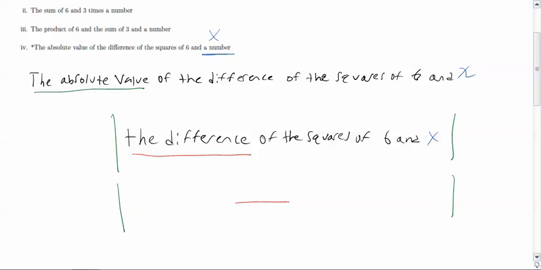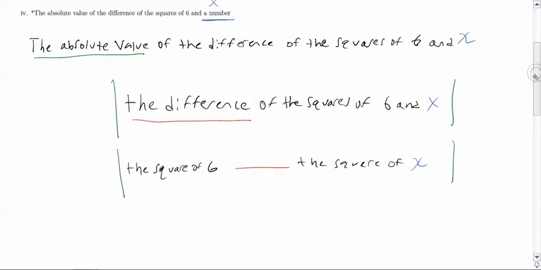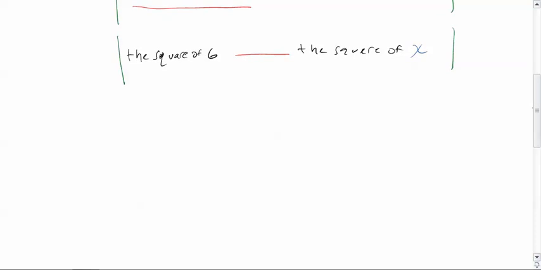So that means we've got the square of 6, and from it we're going to subtract the square of x. And now we're almost done. Pause the video now and try to finish the problem, and then watch the rest of the video to check your answer.